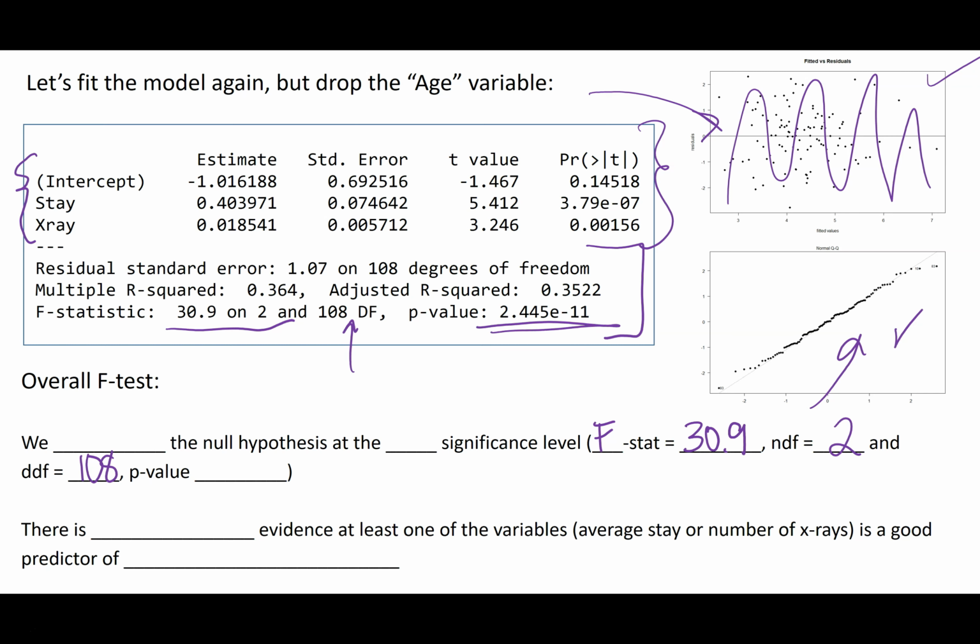P-value is very, very, very tiny, less than 0.001. So we're definitely going to reject the null. At least one of these is very useful. So with a p-value that small, there is very strong or convincing evidence that at least one of the variables, average stay or number of x-rays, is a good predictor of infection risk at U.S. hospitals.